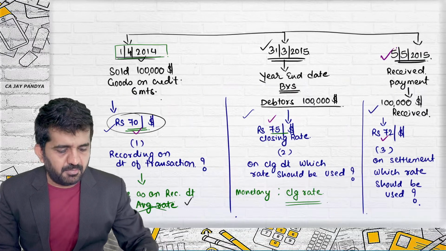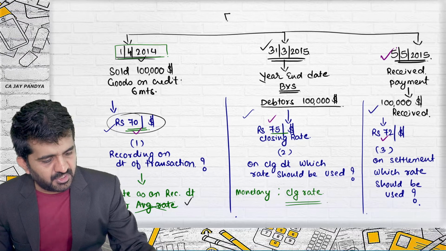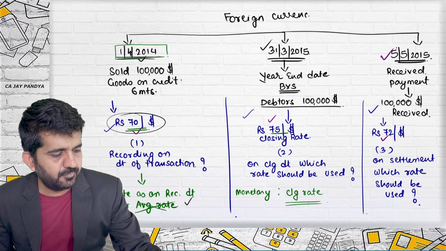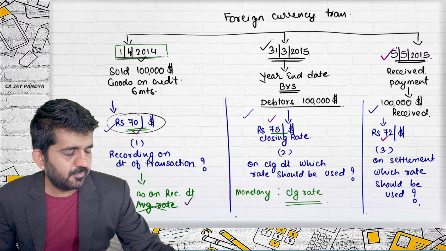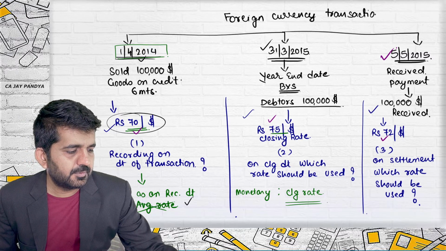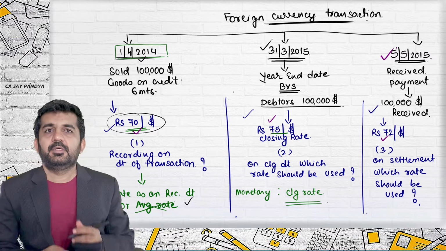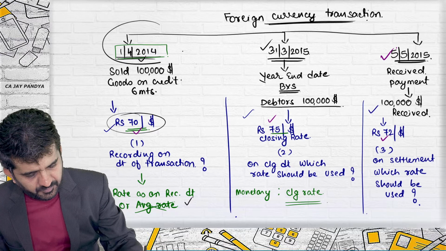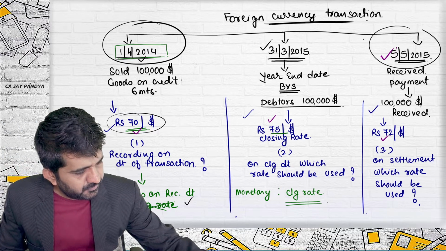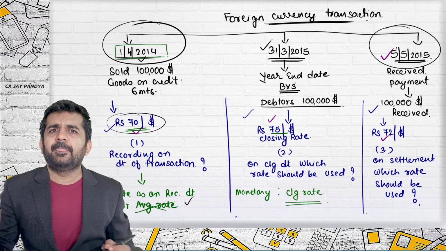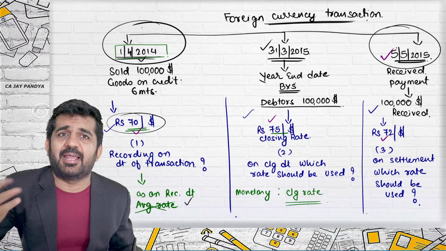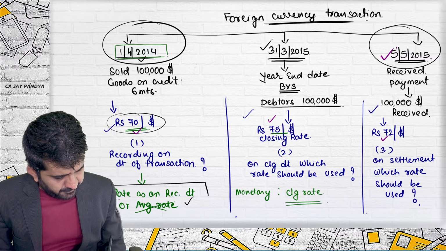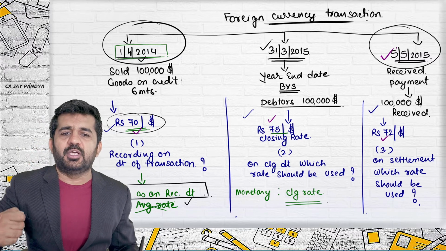This is nothing but a foreign currency transaction. Two things are absolutely clear. Number one, the date on which you record, you will be recording at the rate as on that particular date.